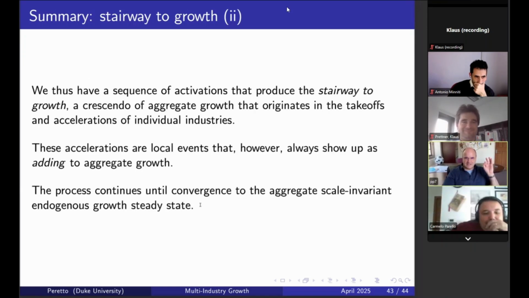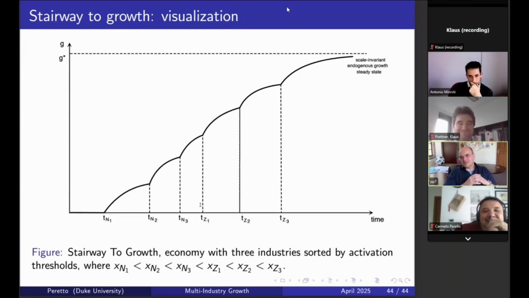So this slide in words repeats the fundamental insight that we are obtaining here. In a multi-industry economy, with fundamental heterogeneity across industries in the deep parameters, you get a sequence of activations that translate into a sequence of accelerations. And so, because I'm a Led Zeppelin fan, you get the stairway to growth kind of scenario.